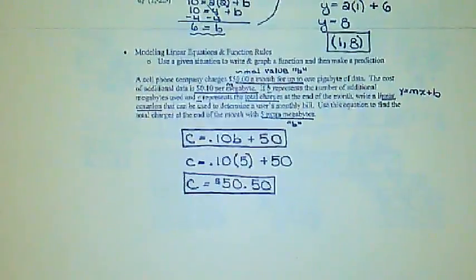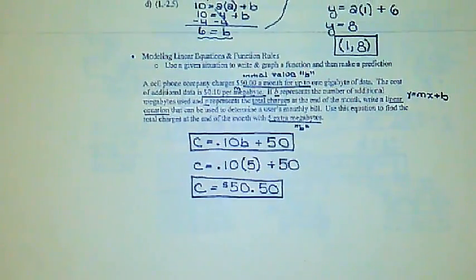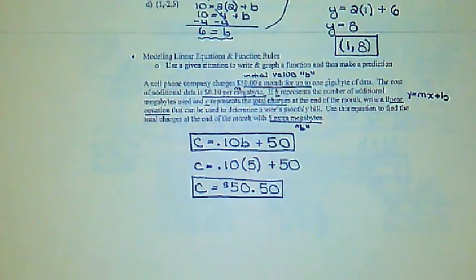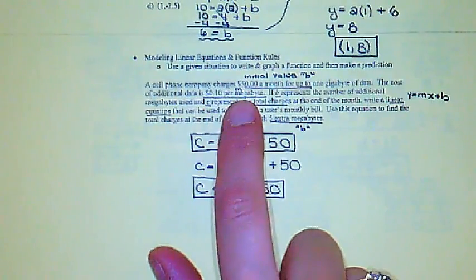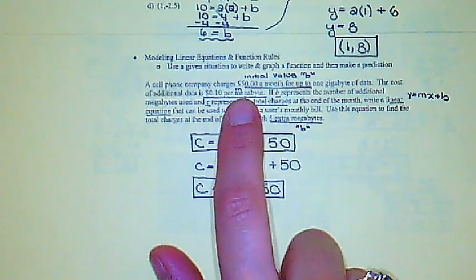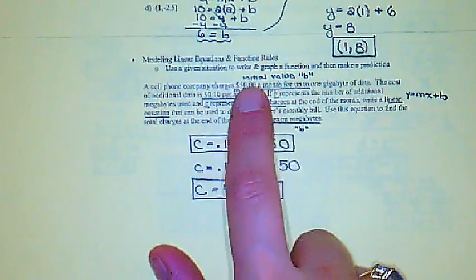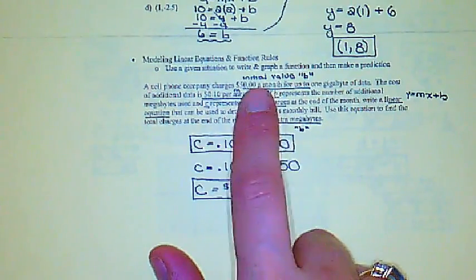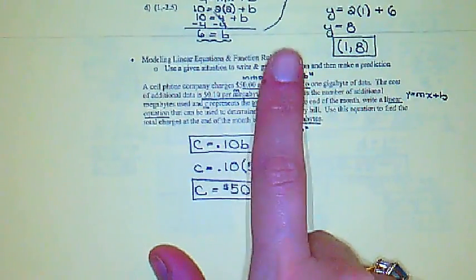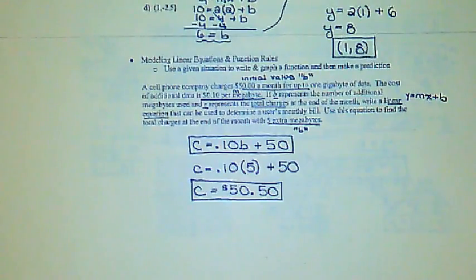Additionally, we went over some word problems. Whenever you see a word like each or per, that represents the variable that you're going to have to put in there. For example, the $50 for this question is only an initial value.